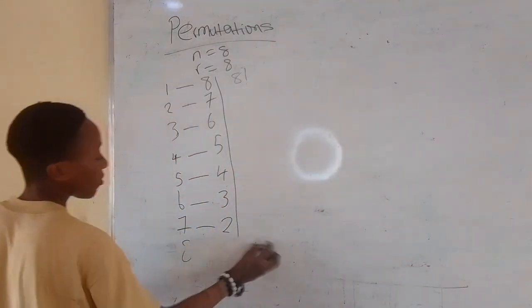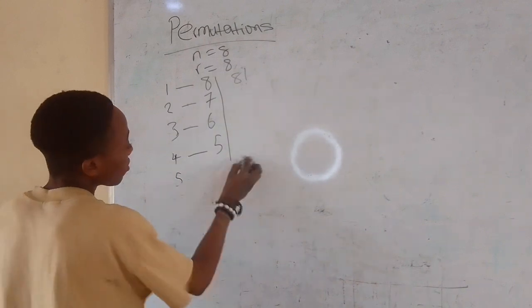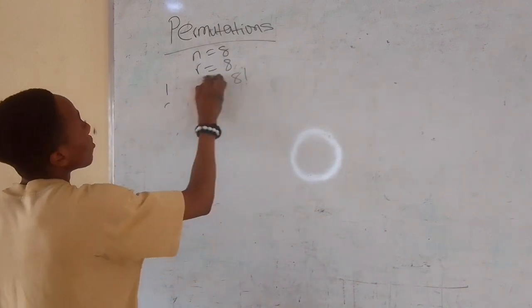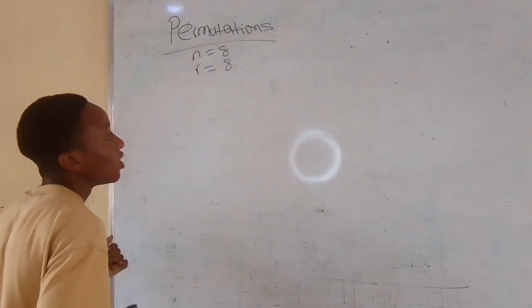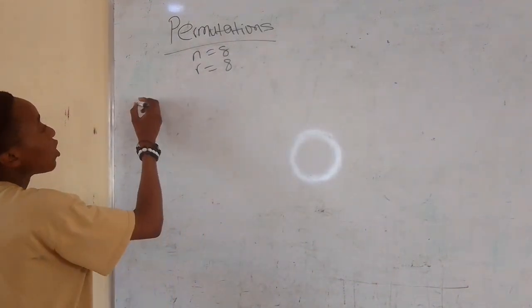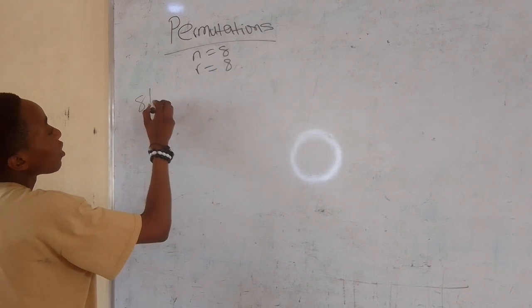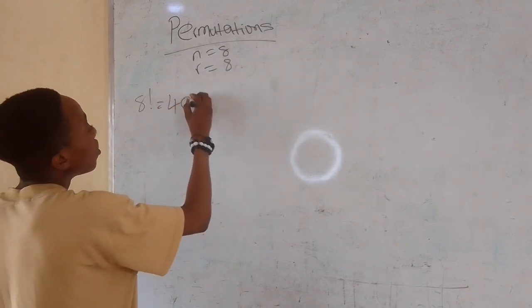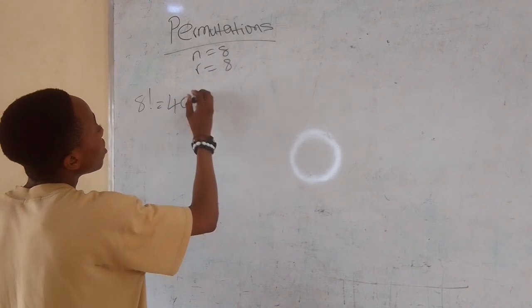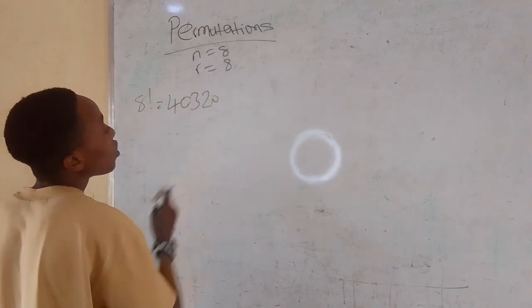Let's use the formula. Remember, with the first method, we got our 8 factorial to be equal to 40320, which was our answer.